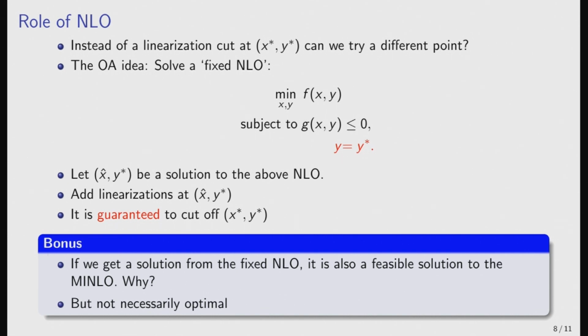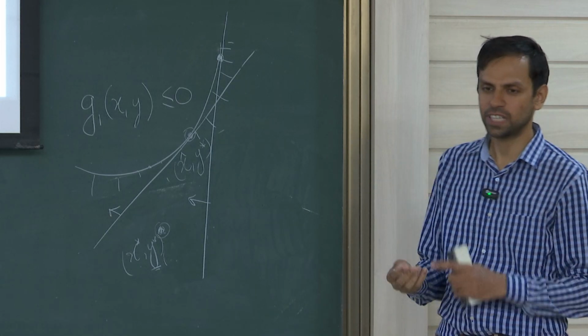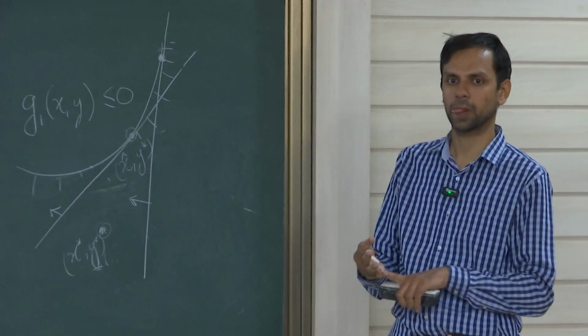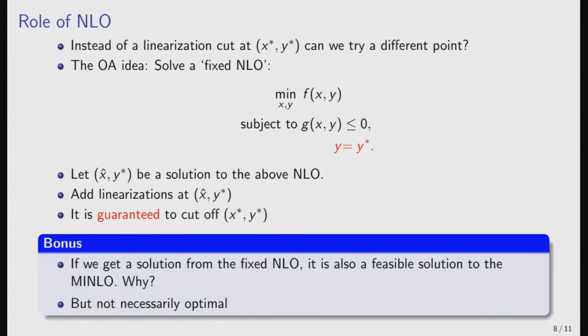Another advantage of solving a fixed NLO is that if we get a feasible solution when we solve that NLO, then it is also a feasible solution to my original model, because it is satisfying all the nonlinear constraints since I just solved an NLO, and it also satisfies all the integer constraints because y star is fixed to some integer values.